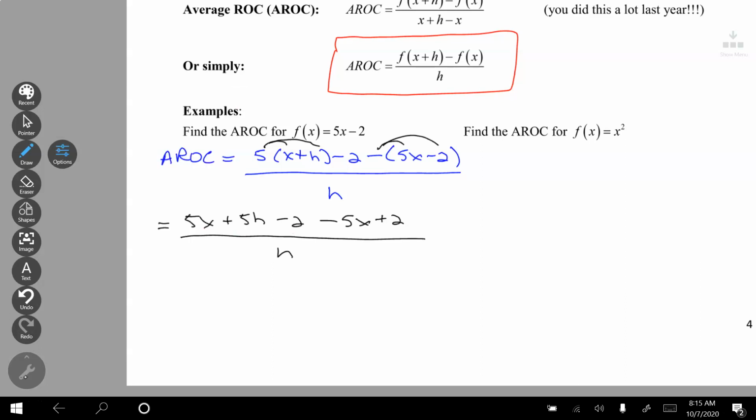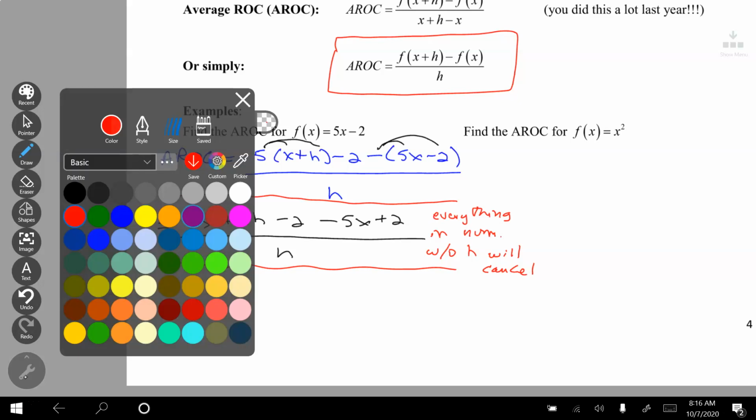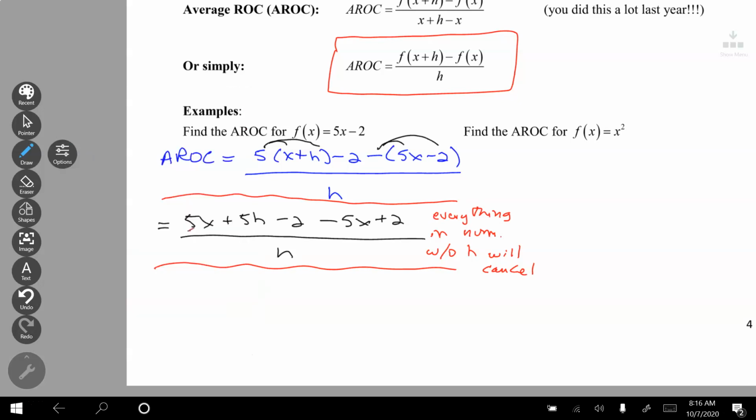Now this is my favorite part. Everything in the numerator without an h will cancel. If it does not cancel, you've got to say to yourself, I did something wrong. So when I look at this numerator, no h, cancels.